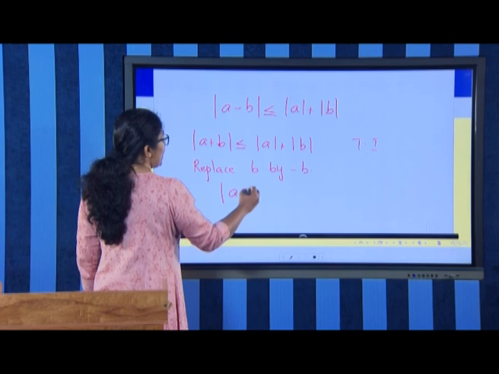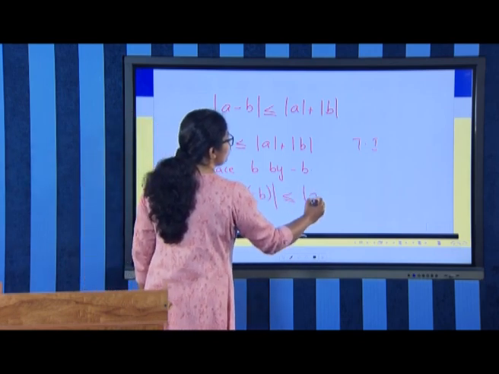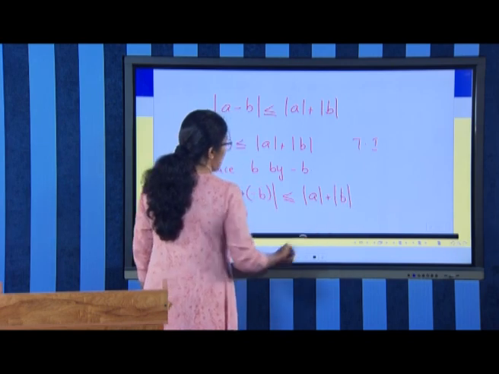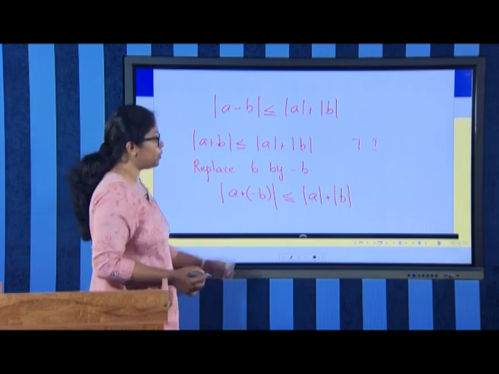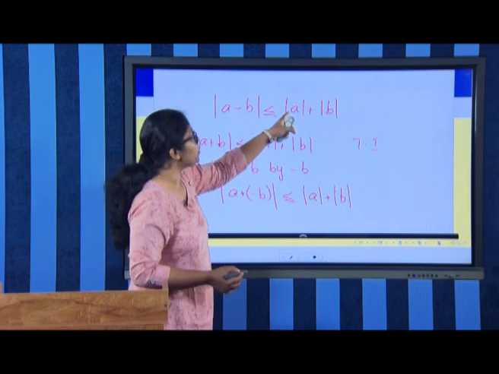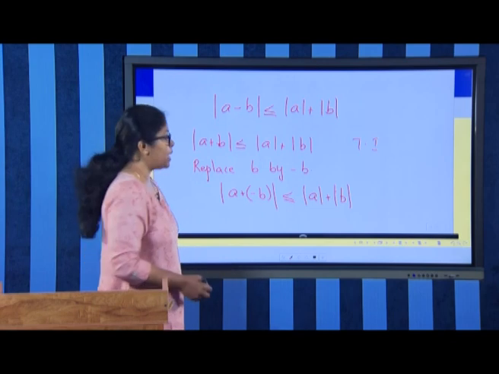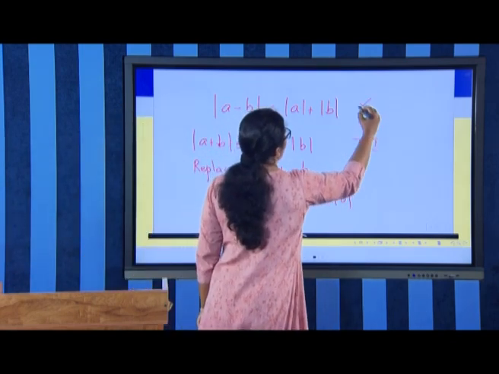Modulus of A plus negative B is less than or equal to mod A plus modulus of negative B, and A plus negative B is nothing but A minus B. Then we have modulus of A minus B is less than or equal to modulus of A plus modulus of minus B, which is the same as modulus of B, and therefore, we have this result holding.